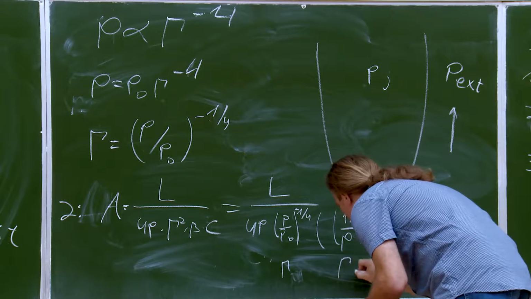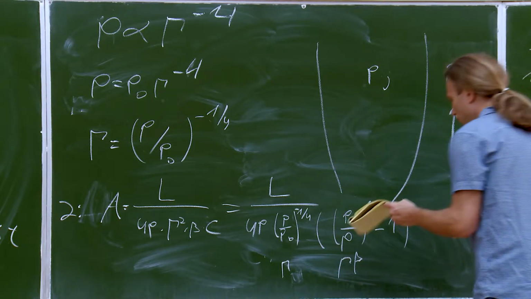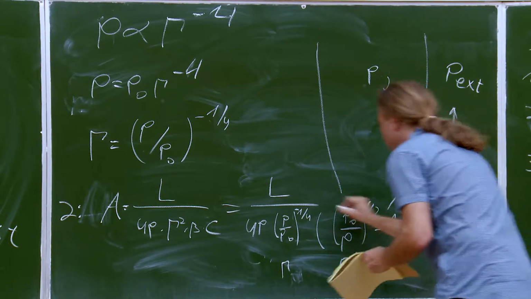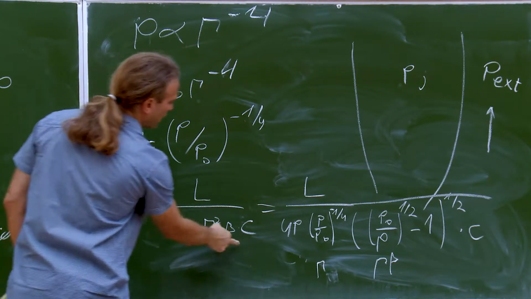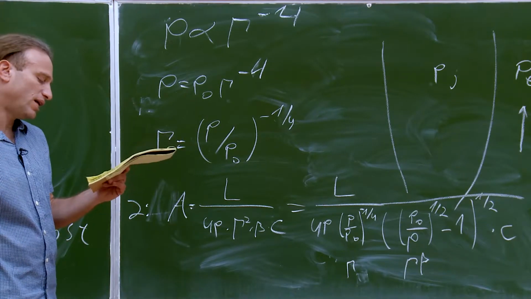This quantity is just gamma beta, or u, and this to the power of 1/2 times c. All I did was substitute, instead of gamma and gamma beta, the result that we got here.